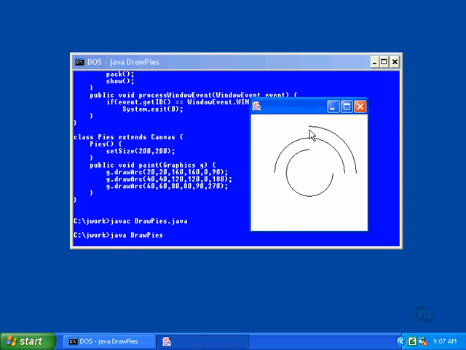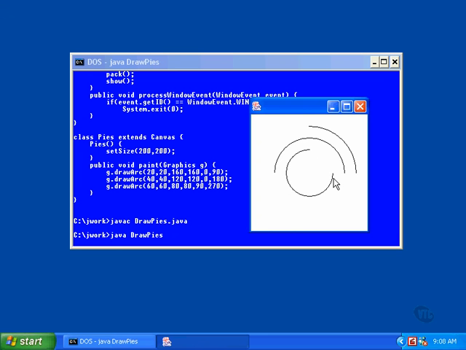The next arc begins at 0 degrees also and continues for 180 degrees here. The smallest of the three begins at the top, that is at 90 degrees, and continues from there for 270 degrees, and so it winds up back at the starting point. That's the 360 degree point.